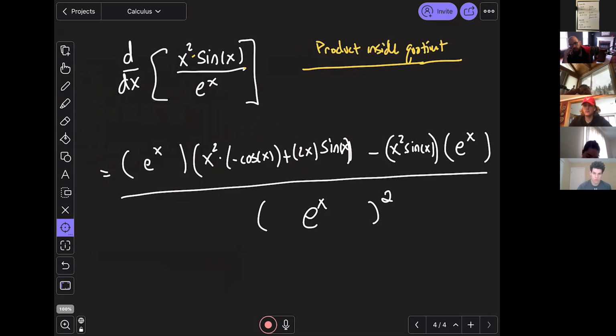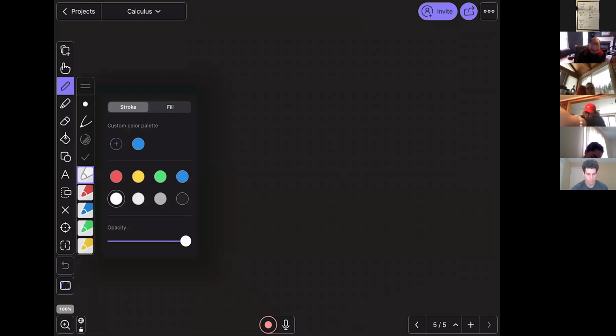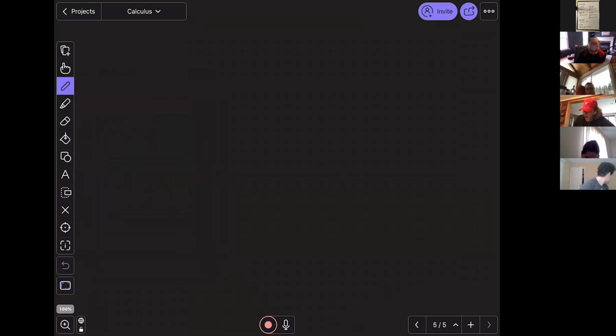So Kaylin, is it like this all the time? Could we have a quotient inside of a product? Depending on how you think about it, yeah, you could have a quotient inside of a product. So let me give you an example of what that would look like.